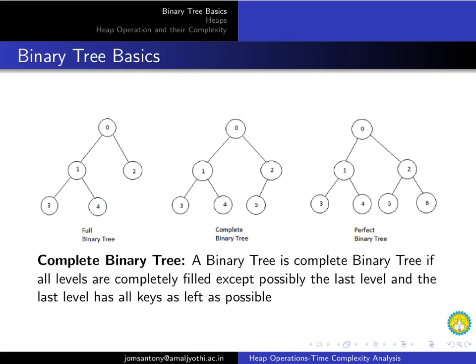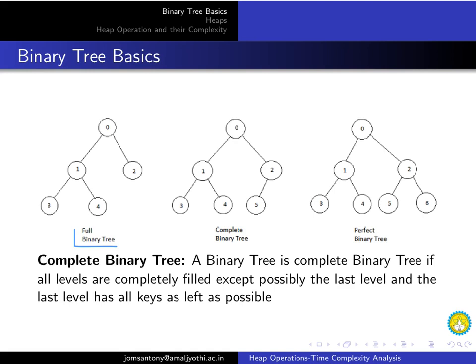Now let us try to understand some of the different types of binary trees available. The first one we will try to understand is a full binary tree. A full binary tree is a binary tree in which every node other than the leaves has got two children.